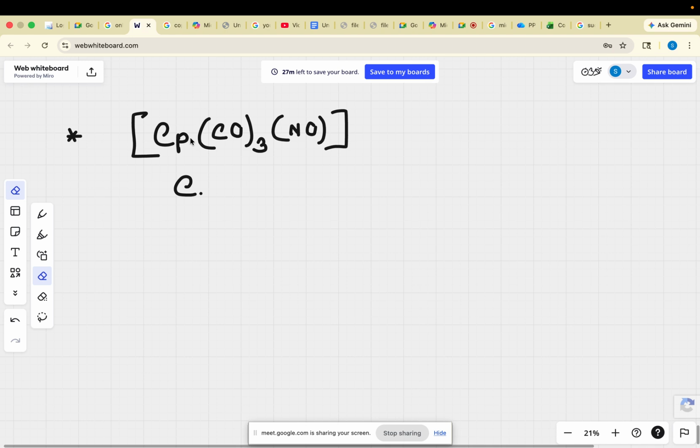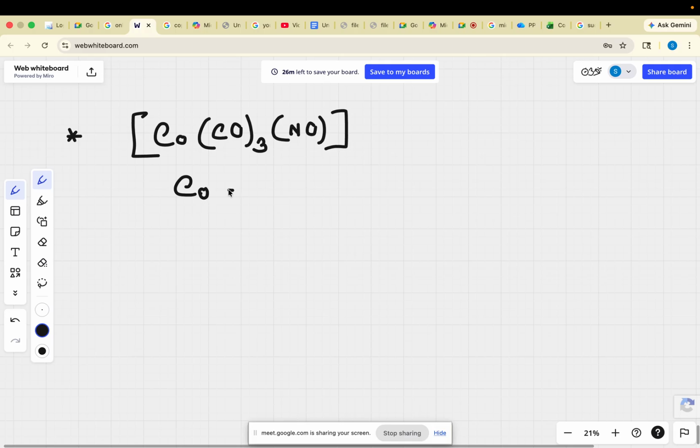This is not Cp, this is your cobalt. Now check. 18, right? Yes.